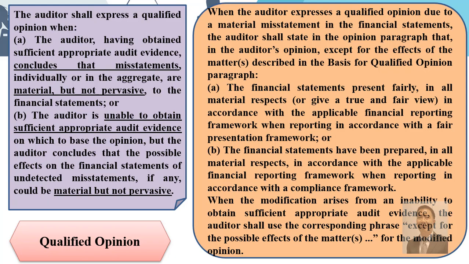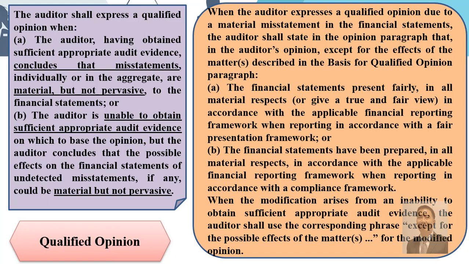Now, in case you have to explain why you are qualifying your opinion, again based on two things, misstatements or limitation of scope, you have to explain why you are issuing a qualified opinion. That's why in the qualified opinion paragraph, they will include the phrase "except for."